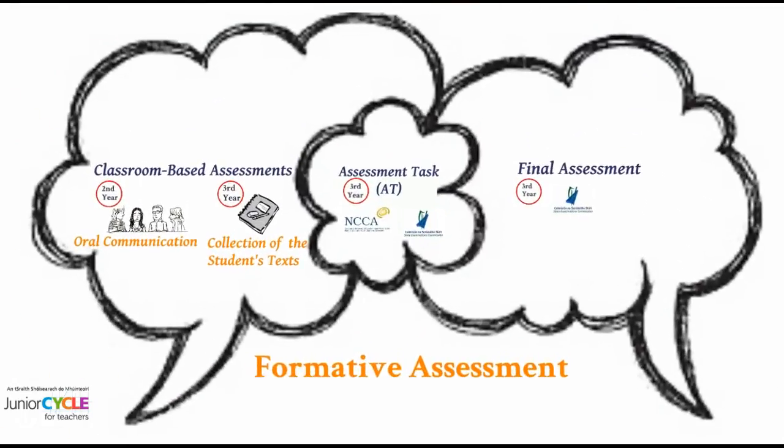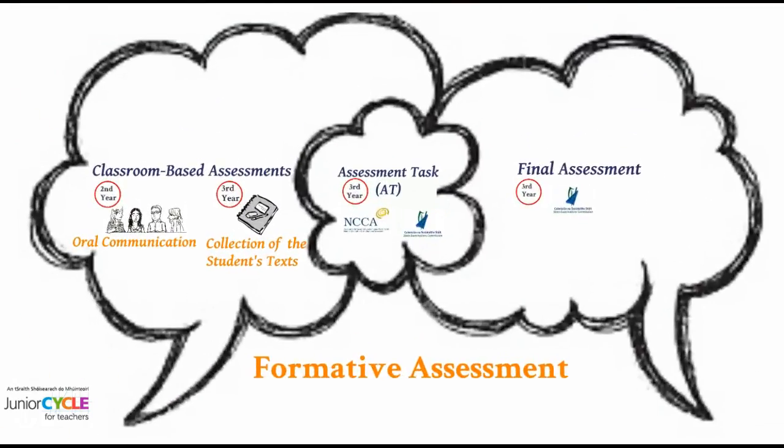Formative assessment, threaded throughout the Junior Cycle learning journey, will therefore be complemented by 4 summative assessment moments along this journey. The oral communication classroom-based assessment, or CBA for short, the collection of the students' texts CBA, the assessment task, and the final assessment. We will look at the details of these summative moments later in this screencast.